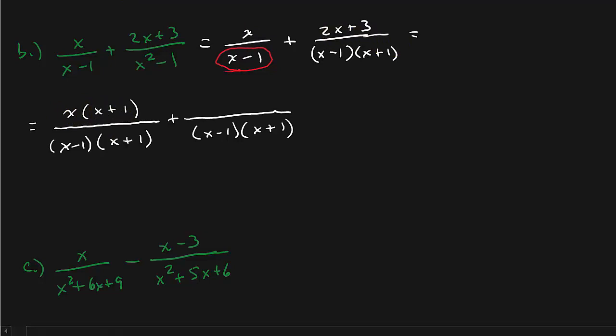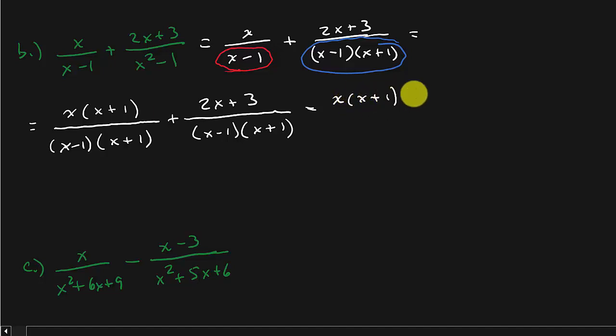Now, what do we have to multiply to this denominator to get our common denominator? A 1, right? So we multiply 1 times that numerator. And so then that is going to give me x times x plus 1 plus 2x plus 3 over x minus 1 times x plus 1.